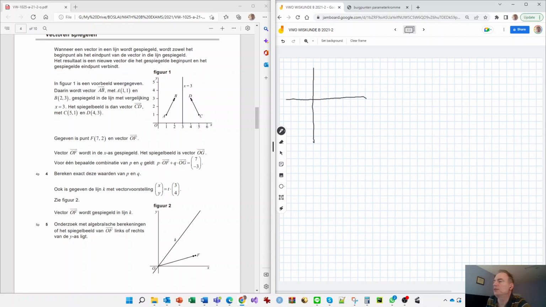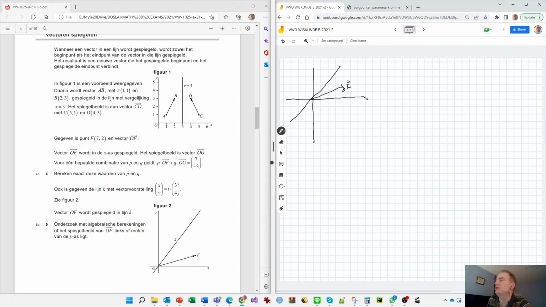So it's something like this. We have a line k, oops, has to go to the origin, and a point F here. There's such a lag in my pad that it comes out very ugly.